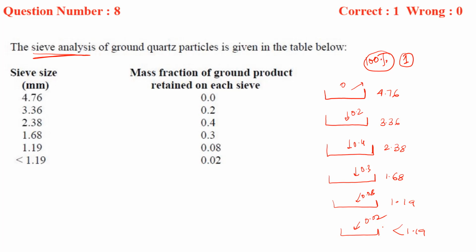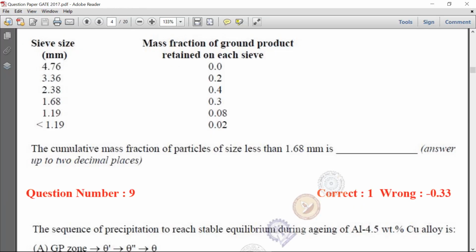So it is asking about the sieve analysis of ground product given in the table below. Okay, I think I have not taken the complete question. Wait, let me see the complete question. So the question is: the cumulative mass fraction of particles of size less than 1.68 mm is?